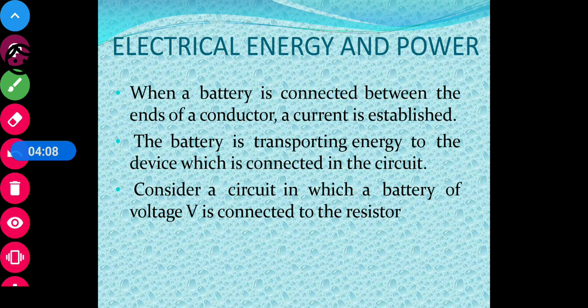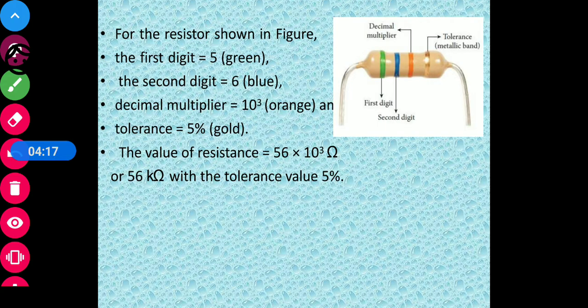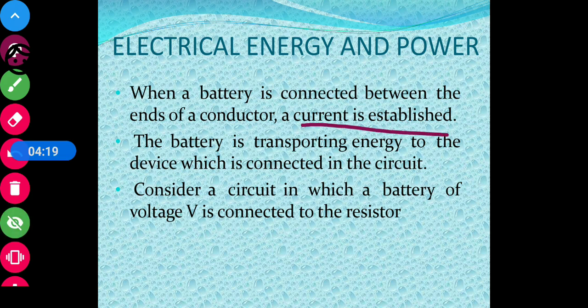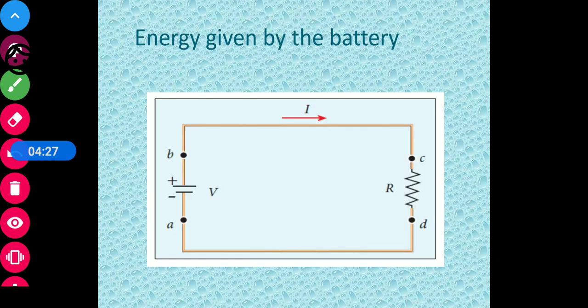Now electrical power, energy and power. You know that when a battery is connected between the ends of a conductor, a current is established. The battery transports energy to the device which is connected to the battery. To understand this, let us consider a circuit in which a battery is applied across the resistor CD.